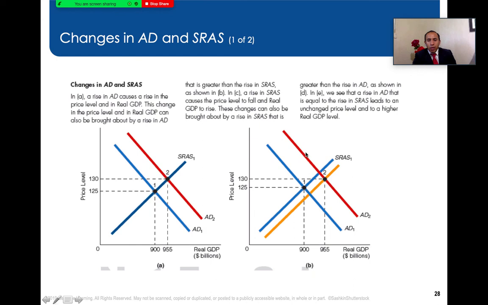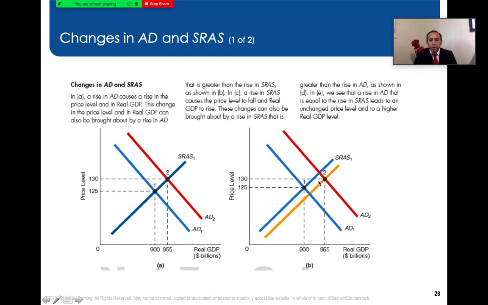Where the new aggregate demand curve, the red curve, and the new aggregate supply curve, the orange curve, intersect, we have the new equilibrium, point E2, equilibrium 2. In this case, we happen to have the same price level at 130 and a greater level of GDP at 955.